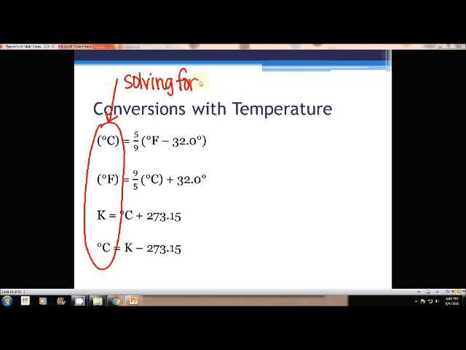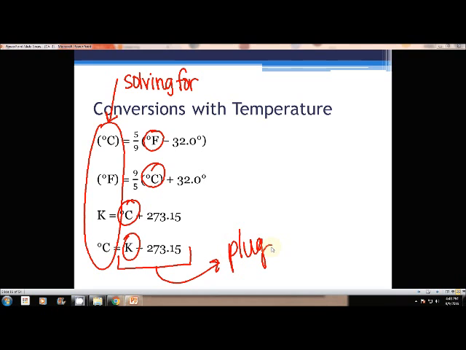So if I want to know Kelvin, then I'm going to look at the left side and say, oh, I should probably use the third equation. Then the right side, where we have Fahrenheit and Celsius and Kelvin, the right side of the equations is where you plug in your numbers.